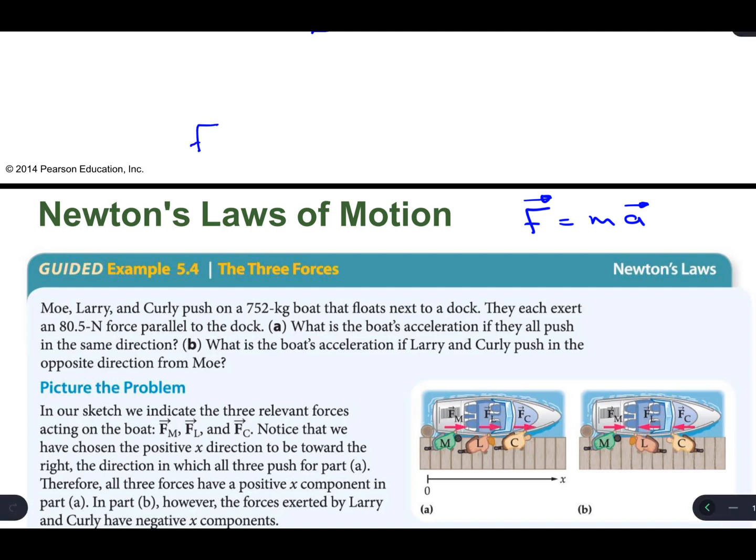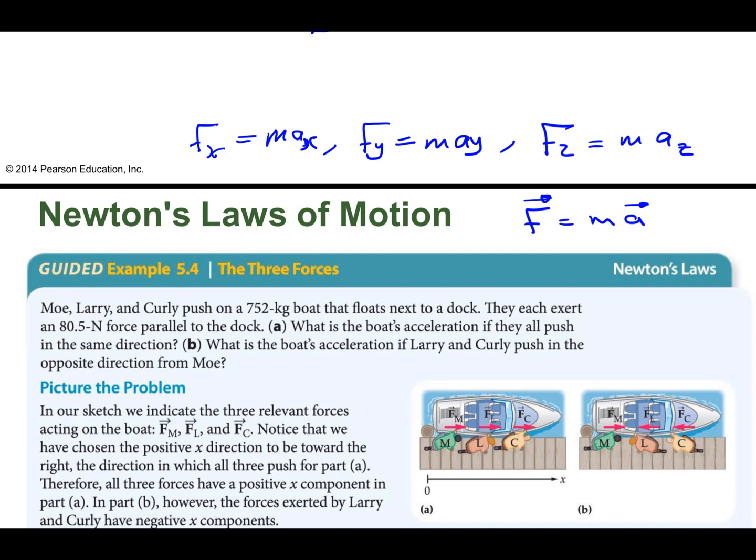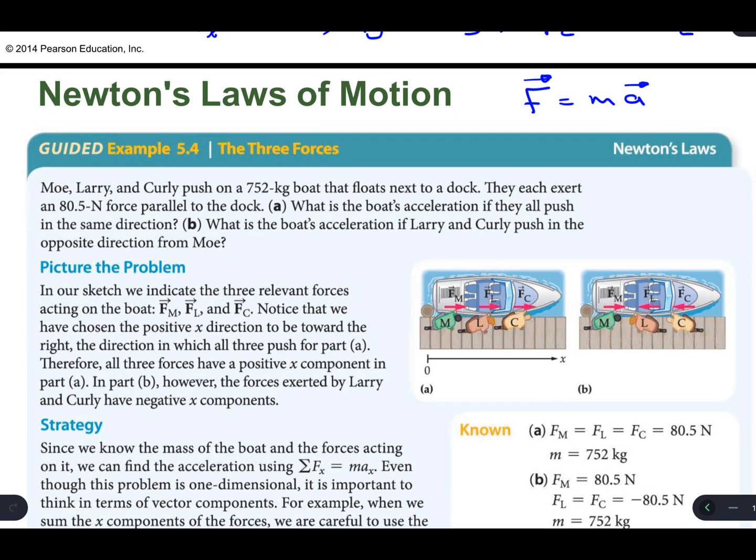So Fx equals max, and Fy, the force in the y direction, equals may, and Fz equals maz, because the force is a vector quantity. Let's watch this example.